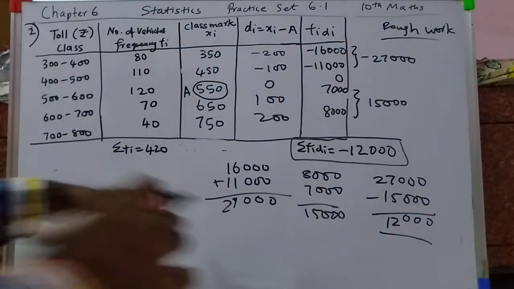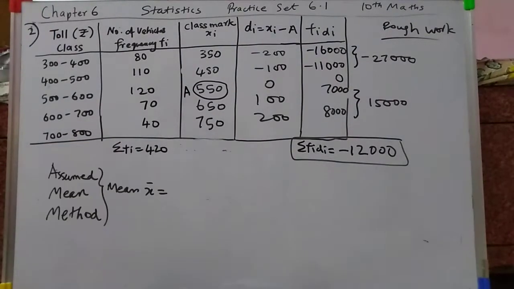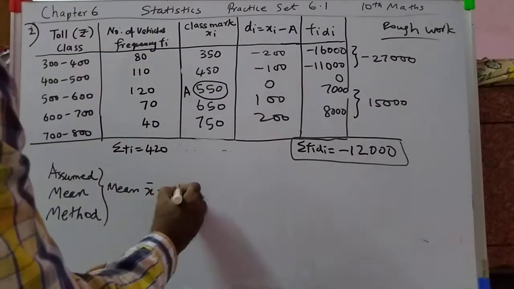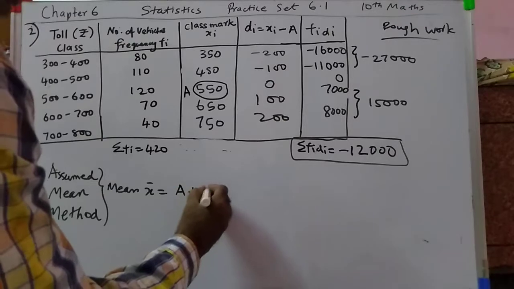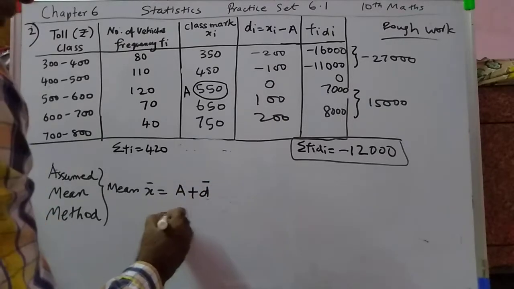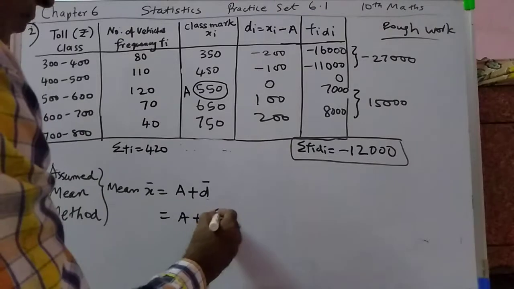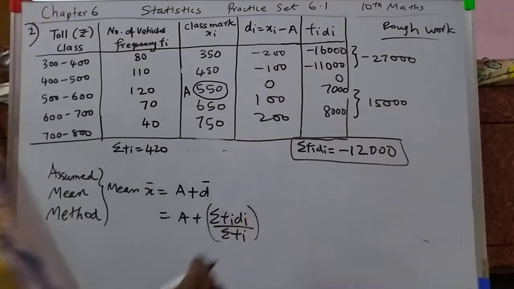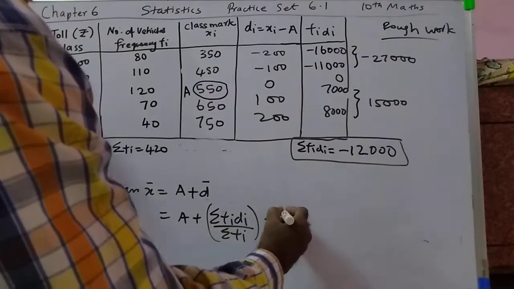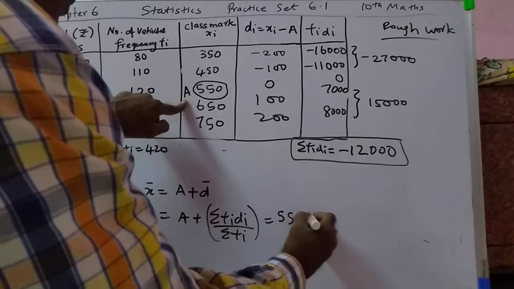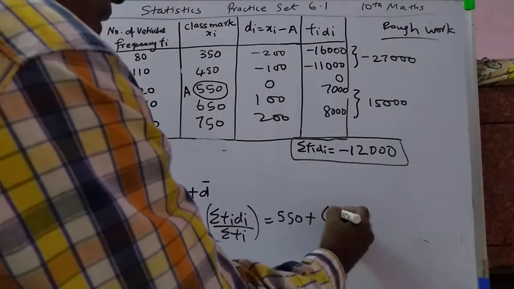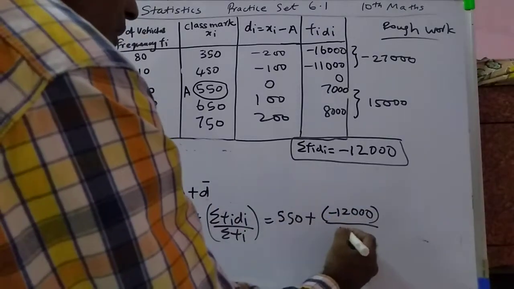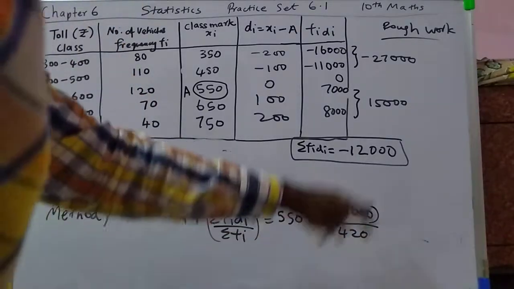Now you have to put the formula. Now for assumed mean, the formula is mean equal to a plus d bar, where d bar is summation of fd upon summation of f. So a is 550 plus summation, this is minus 12000 divided by this, 420, that we calculated here.